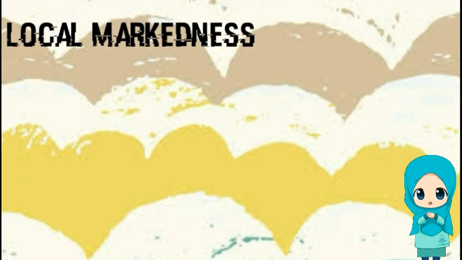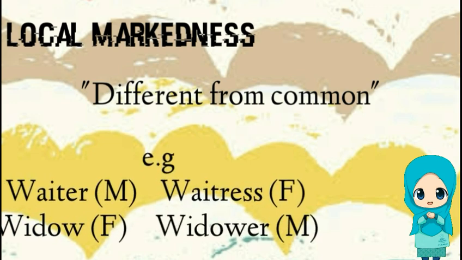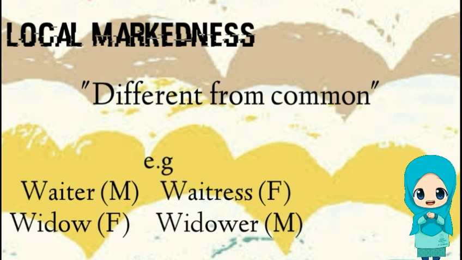Okay, next is local markedness. Markedness in linguistics is different from the common. Marked is used when we want to create a new morpheme from the common. For example, in the morphemes writer, writeress, widow, widower.